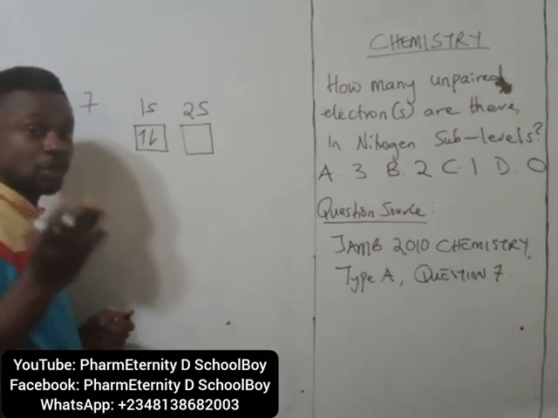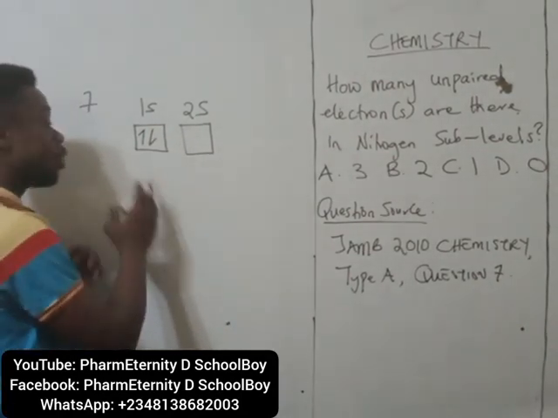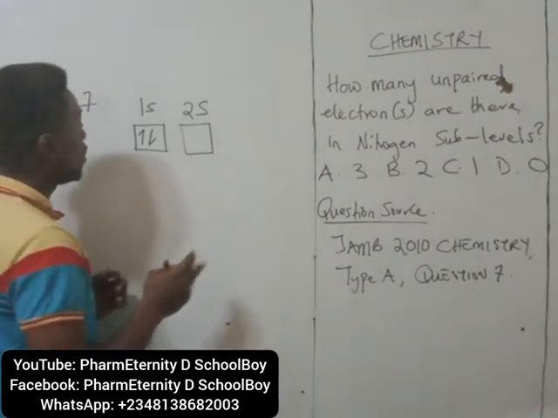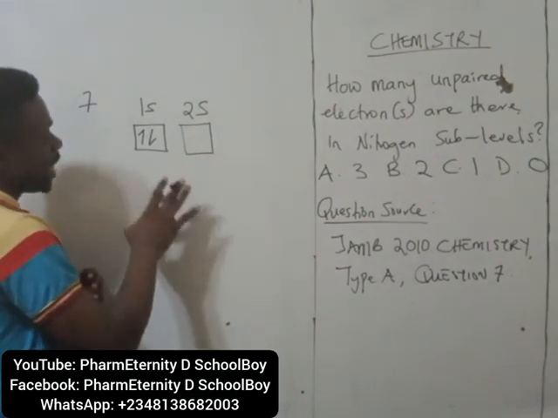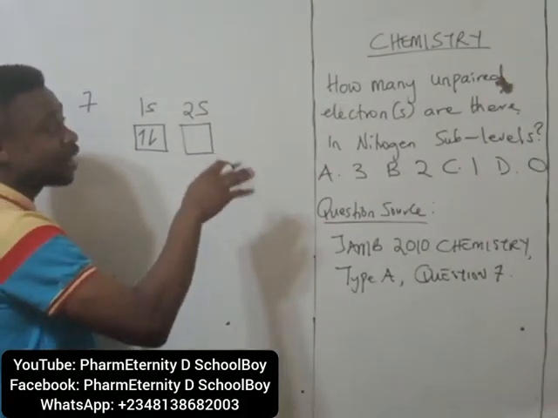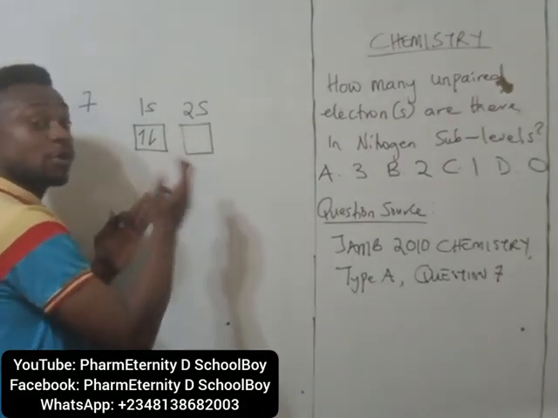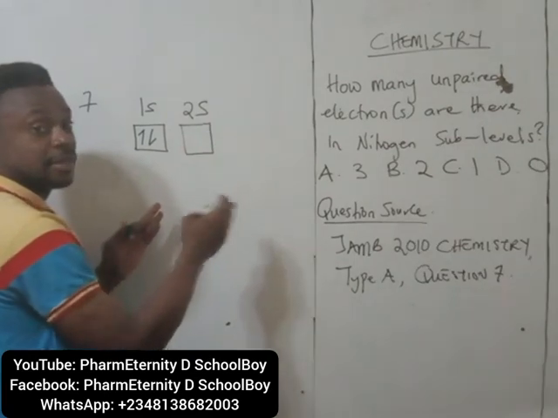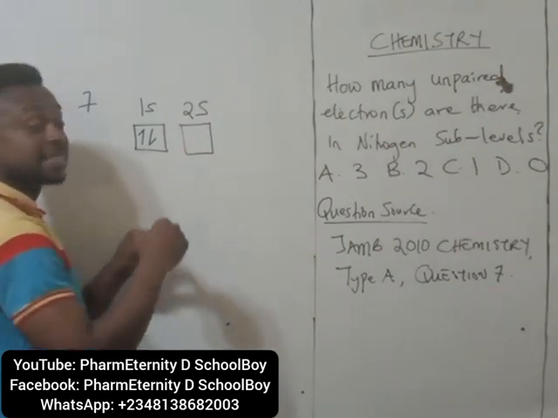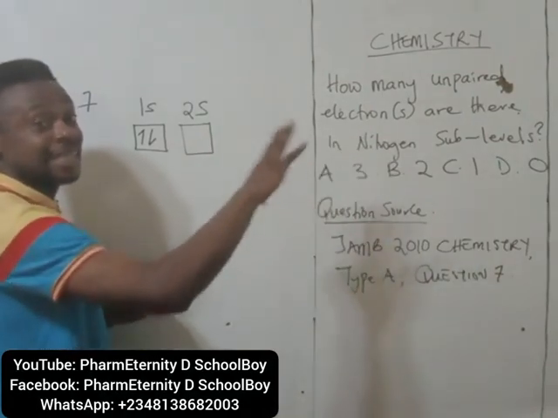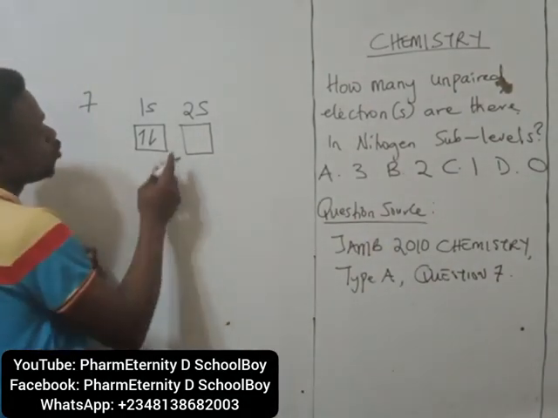Of course, you put into consideration the spin, one spin one side, the other spin the other side. But that is not what this question is driving at. The question is talking about applying Hund's rule to know the pairing pattern, and the one that will be single, that is the unpaired electrons that will be present in the atom.